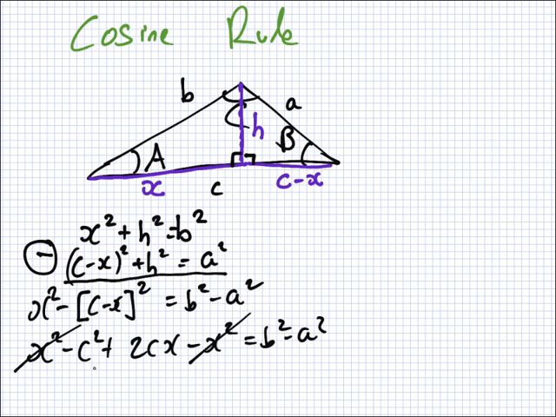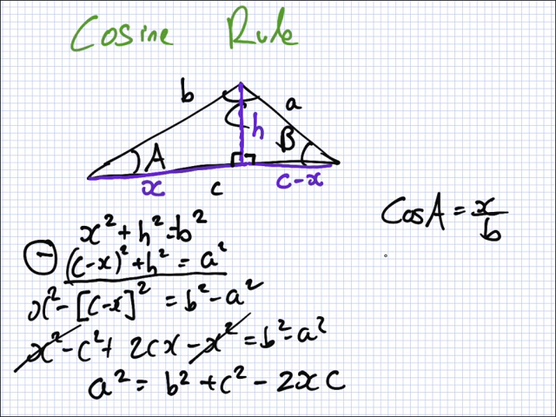And you can rewrite this as a squared equals b squared plus c squared minus 2xc. So let's just figure out what the x is. If I go back to this triangle, I can say cos A equals x over b. So therefore, x equals b cos A. If I sub that in here, there you are.